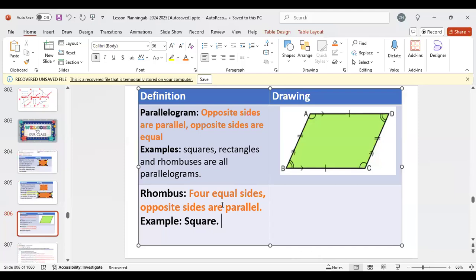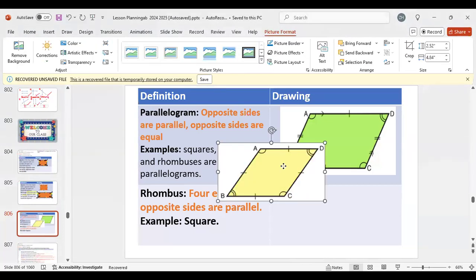Once all the sides are equal, that's fine. So a rhombus also has a lean to it. But the difference is that the sides must be equal. That's the only difference between a parallelogram and a rhombus.